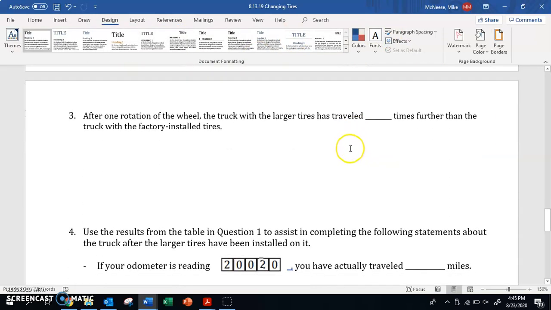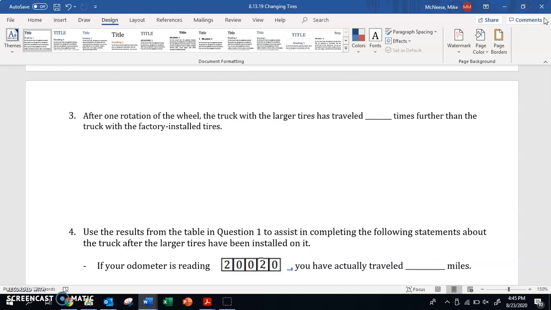And now the next one says, after one rotation of the wheel, the truck with the larger tires has traveled blank times farther than the truck with the factory installed tires. So we're trying to see how many times farther the new one has gone than the old one. Whenever we're trying to figure this out, it's just a ratio between the two circumferences.